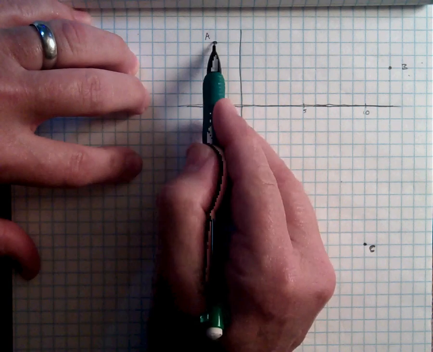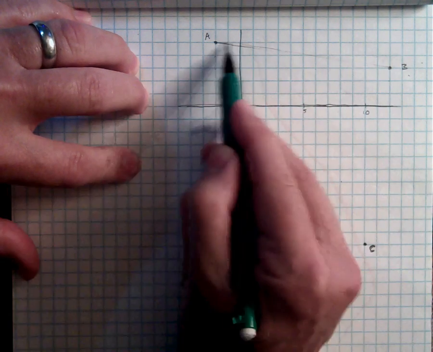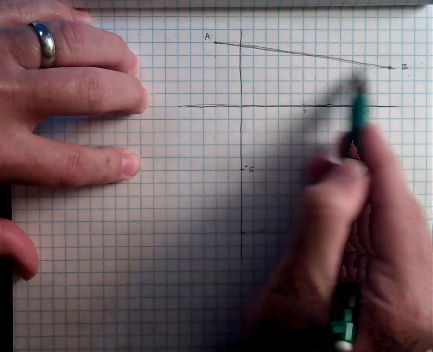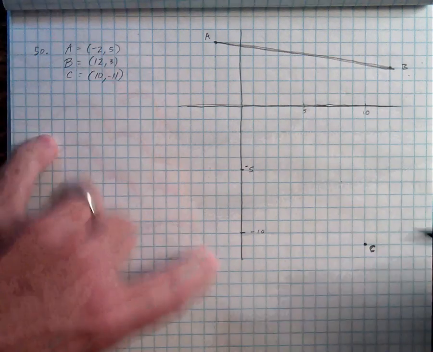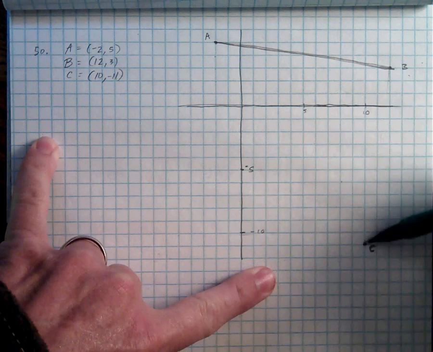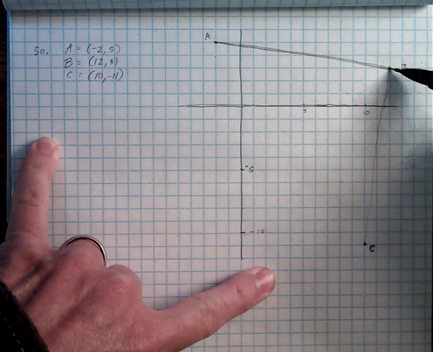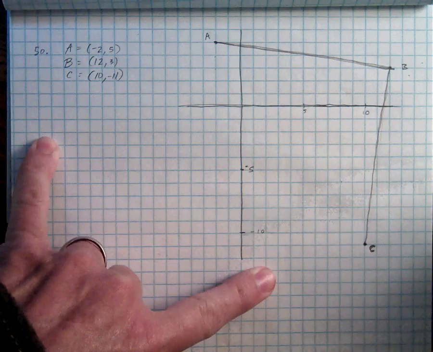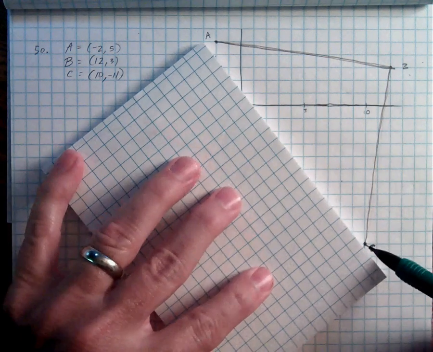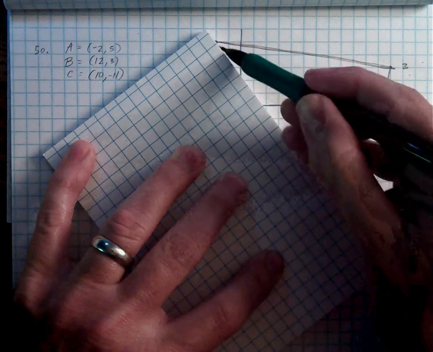Alright, there's side AB. Good grief. Side BC and AC. Up there. Alright.